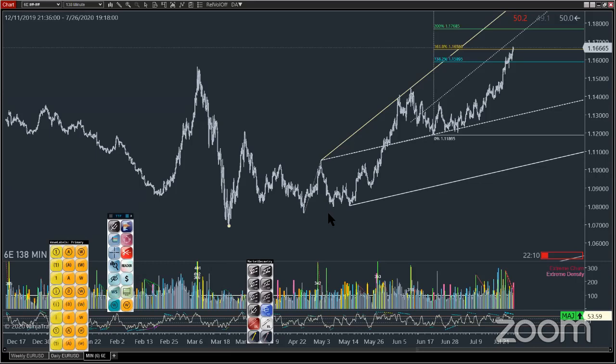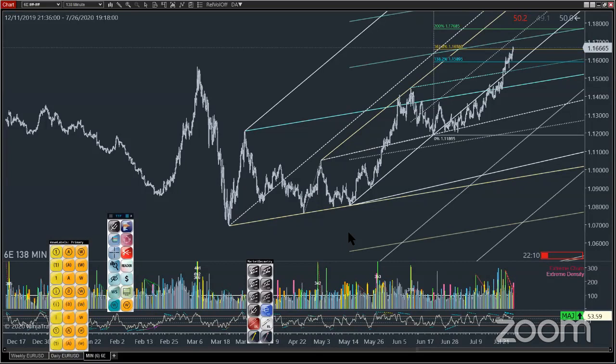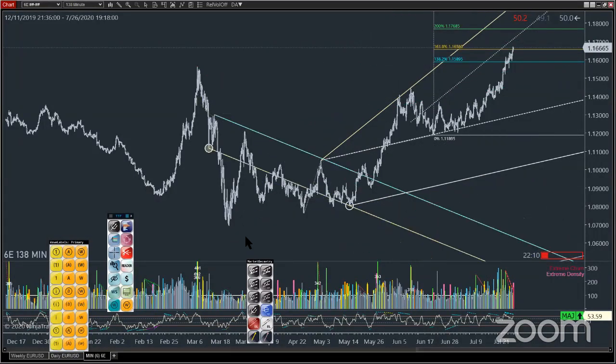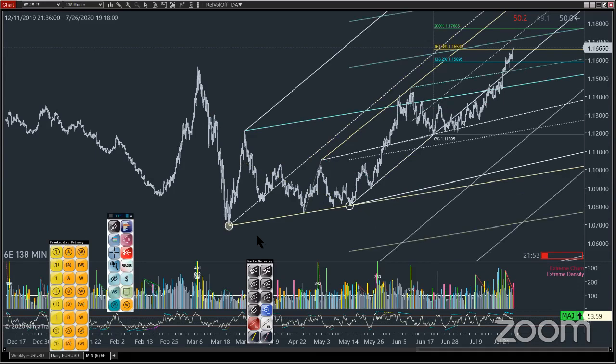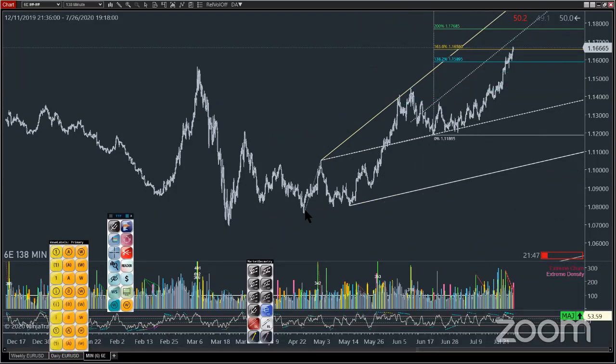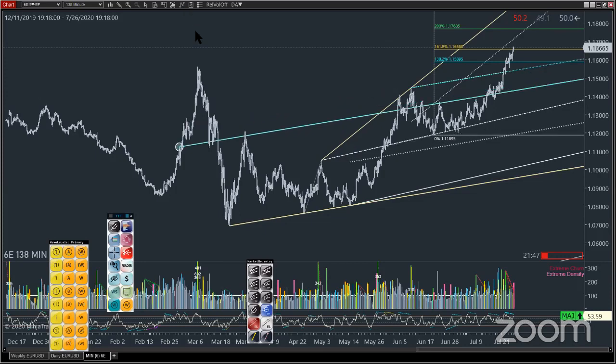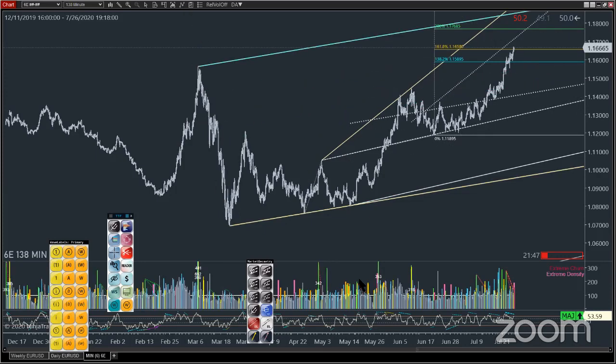It either does what I expect it's going to do, and I'll execute, take the trade, or not. And when it doesn't, I don't take the trade, and that's it. I may miss a lot of moves, but that's going to happen anyway. So don't get your panties in a bunch because you miss a trade.